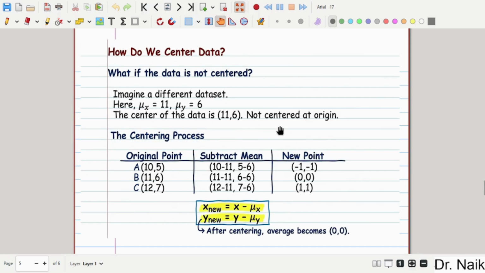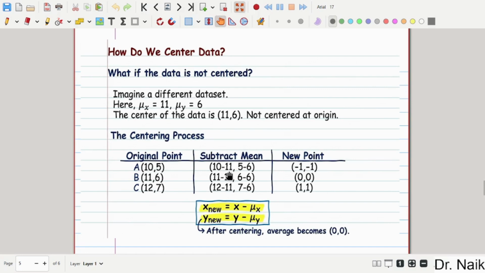To make this data centered, we must subtract the mean from its data point. So subtract the mean. 11 is the mean of x coordinate, so subtract mean of x coordinate from x coordinate.